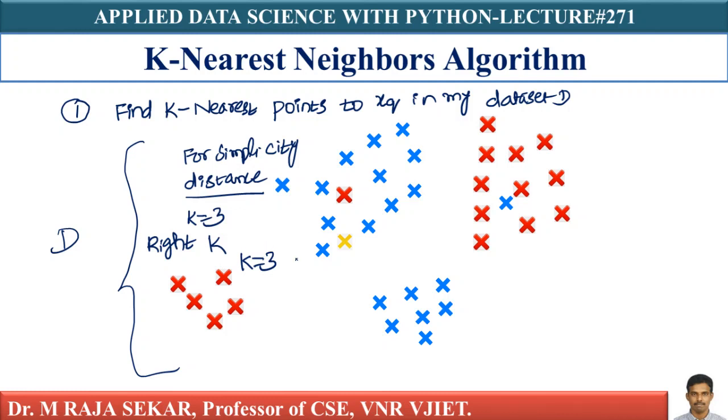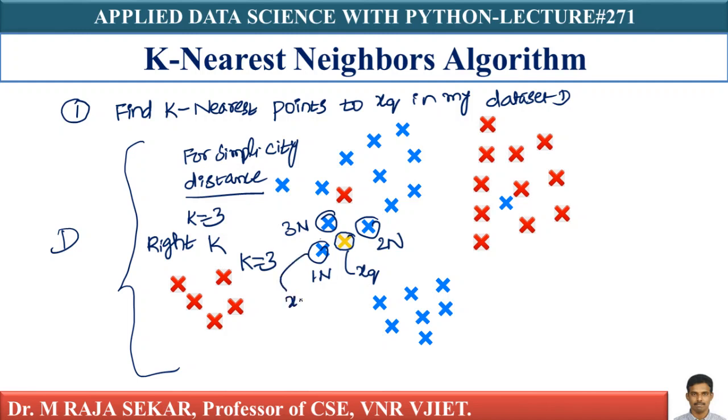This is my query point, xq. This is my first neighbor, this is the second neighbor, and this one is the third neighbor. I have 3 neighbors, the 3 nearest points.